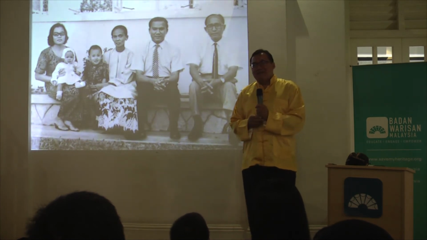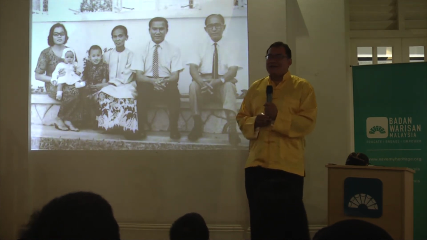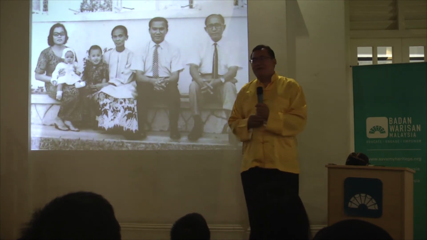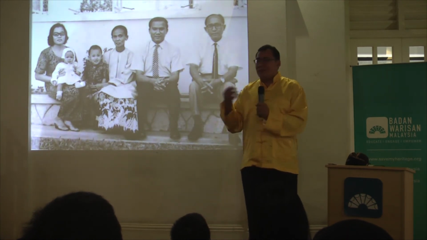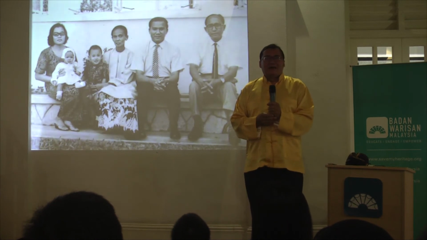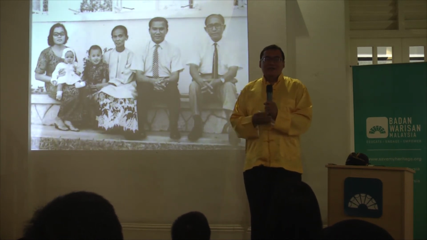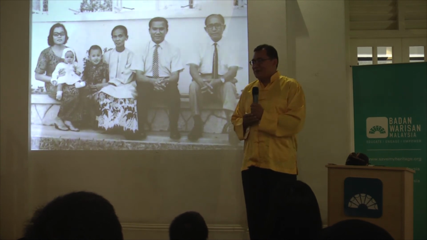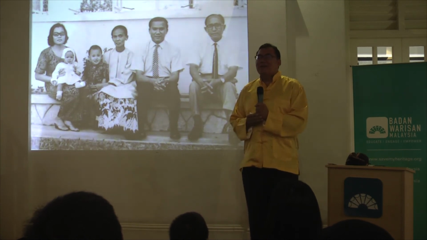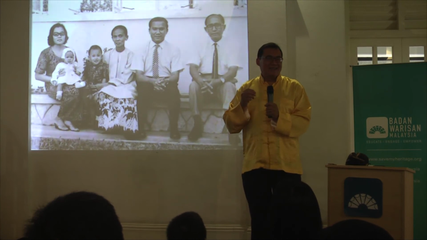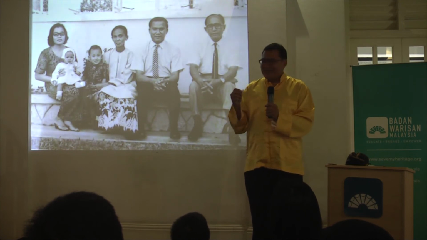Now, back in Java, something sad happened. His first wife was very, very beautiful, also a member of the royal family of Java, of Yogyakarta, and she was so beautiful that since she was alone, she was then taken by a Dutchman to become his nyai. Anybody knows what nyai is?